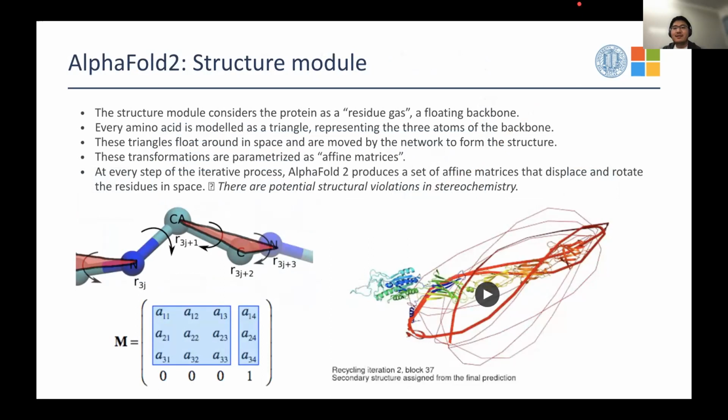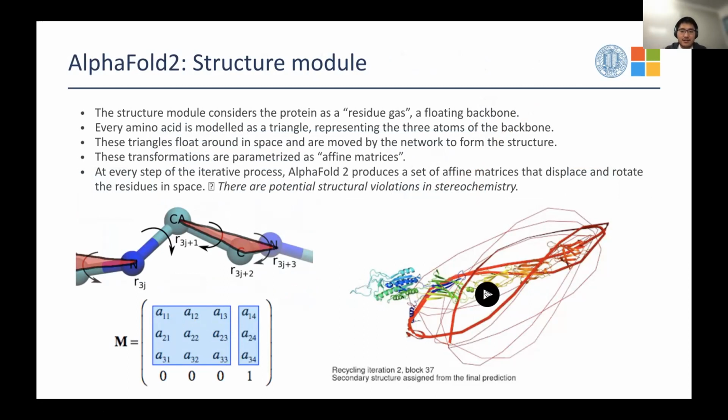Due to the time limitation, I'll just give a very quick introduction about the structure model. This time, they are going to predict the rotation as a 3x3 matrix and the translation of the backbone, as well as other parameters defined on the side.